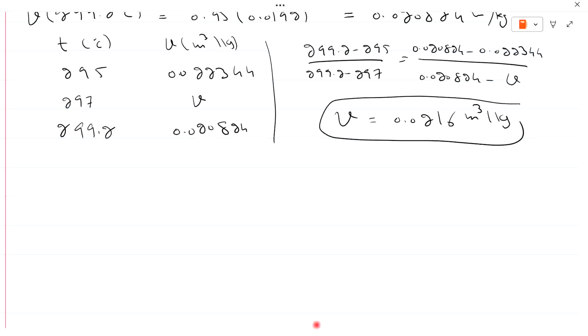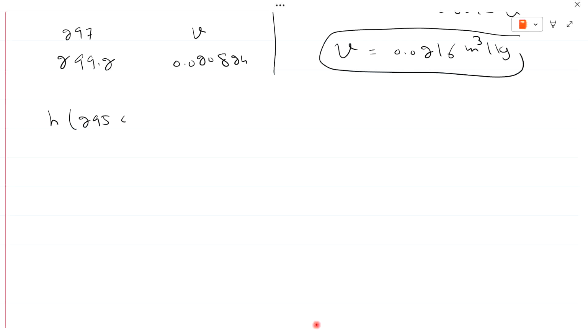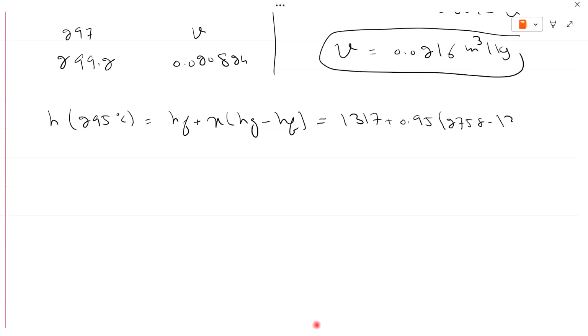Now do interpolation for specific enthalpy. First find specific enthalpy at a temperature of 295 degrees centigrade. The formula is hf plus x times hg minus hf. So find hf and hg at temperature 295 degrees centigrade from the saturated steam table. hf is 1317 kilojoule per kg, x is 0.95, hg is 2758 minus 1317.